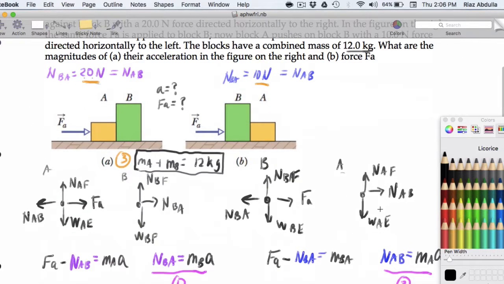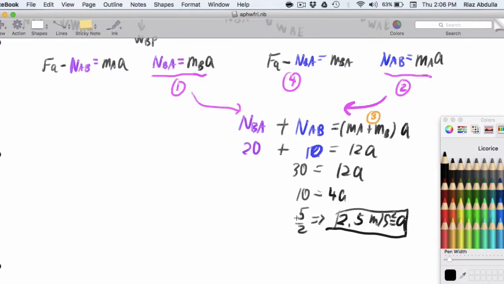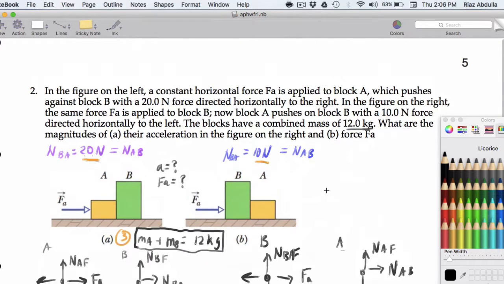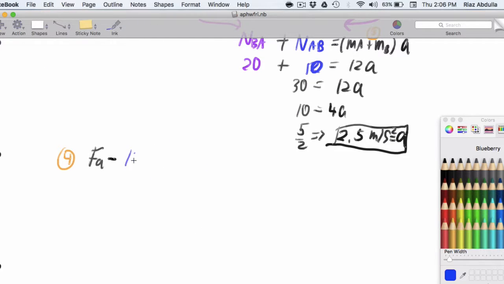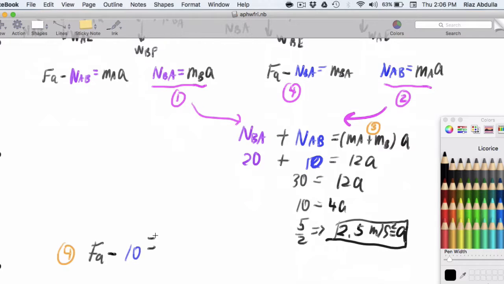And then I can go back and actually get FA any way that I want. So I could, I'll call this equation 4. And so what I'll say is, using equation 4, FA minus my 10 equals... so let's see if there's something else we can do, because that's not going to completely work.